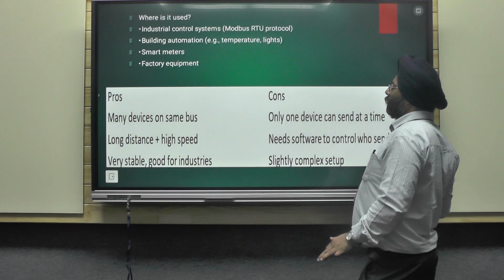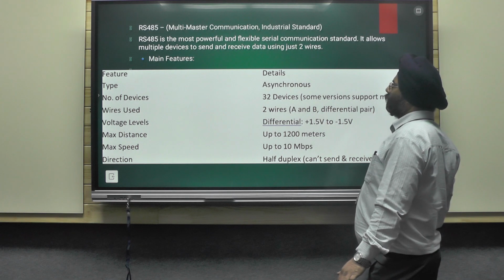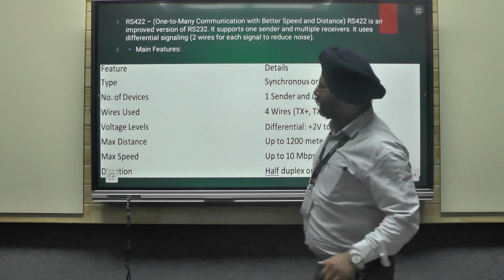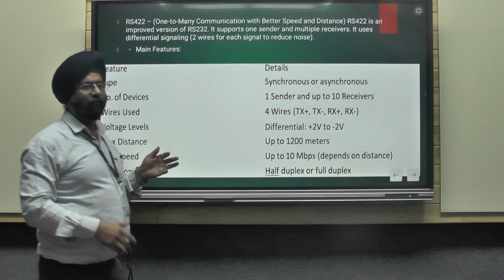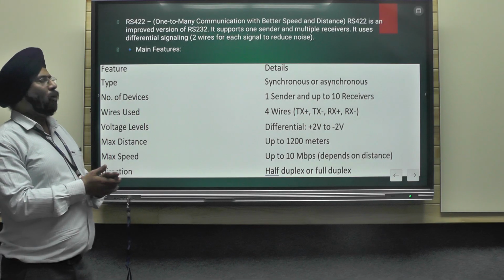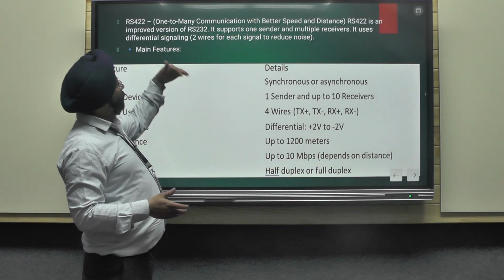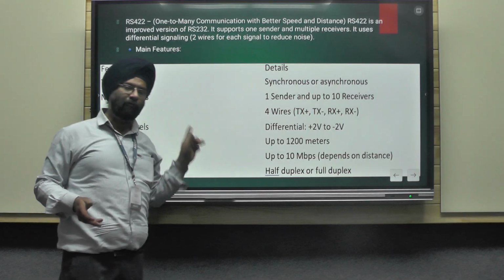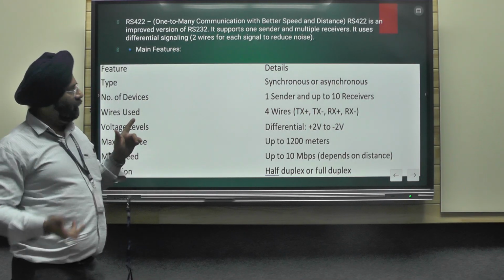Once again I am going back to 422. In the first one, the speed wise and distance wise, it is not good. So this is the upper version of the first one, one to many communication. In the first one there is one transmitter, one receiver.